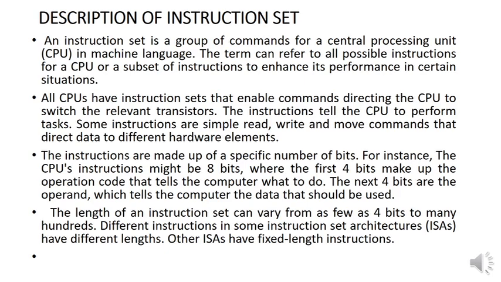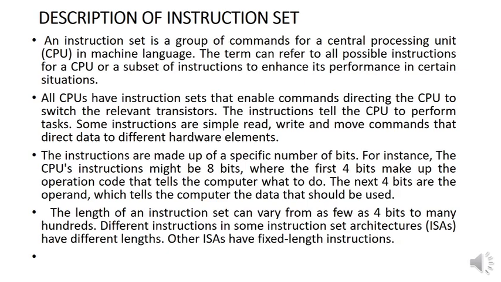The instruction sets are made up of a specific number of bits. For instance, the CPU's instructions might be 8 bits, where the first 4 bits make up the operation code that tells the computer what to do. The next 4 bits are the operand, which tells the computer the data that should be used.